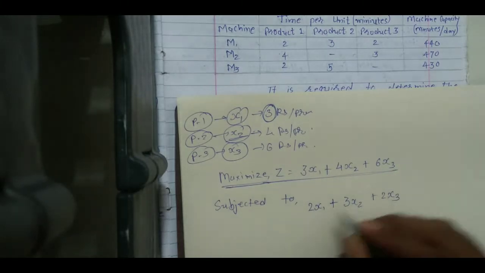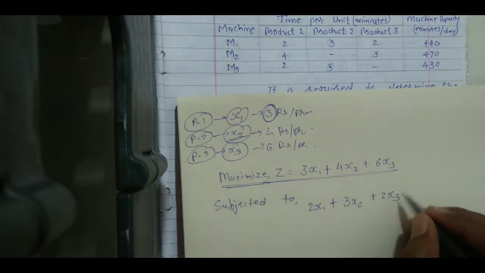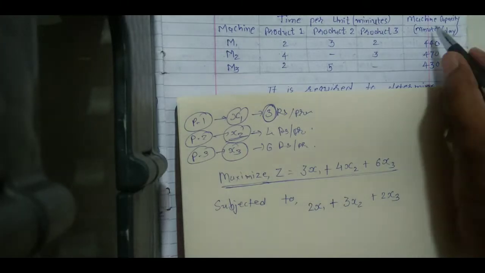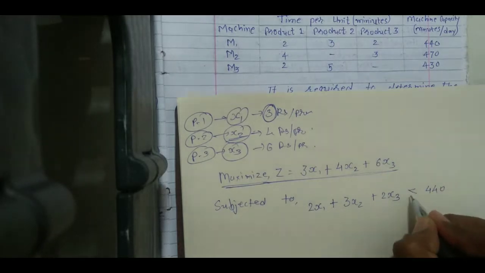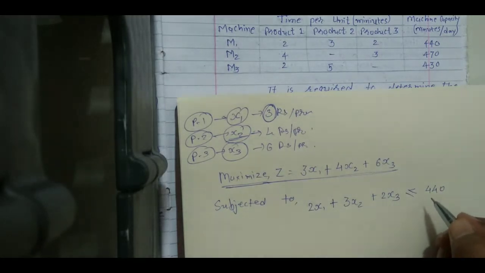But the time over all these 3 products should not exceed the machine capacity, 440, so it is less than or equal to 440. This is your constraint number 1.